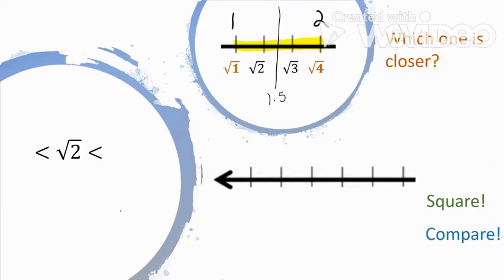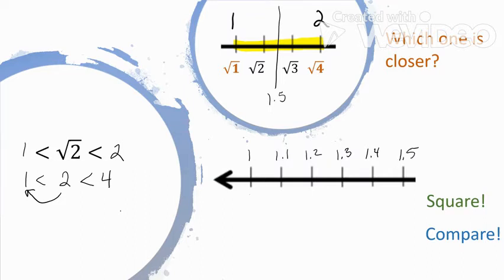So we know that the square root of 2 is between 1 and 2, which means that 2, the radicand, is between 1 and 4. 2 is closer to 1, which we can already see here. It's on the left side of the halfway mark, so we're looking at just between 1 and 1.5. That's our estimation. So I only need to look at the values 1, 1.1, 1.2, 1.3, 1.4, 1.5.